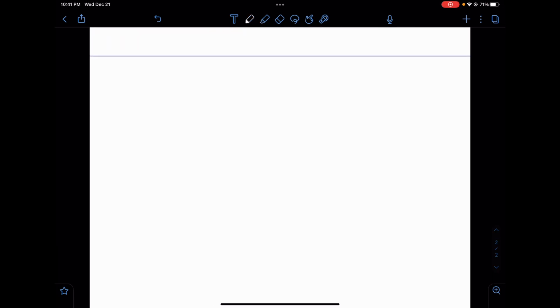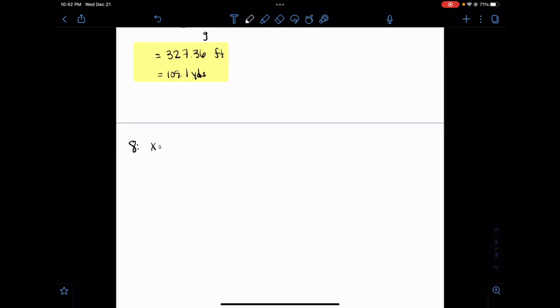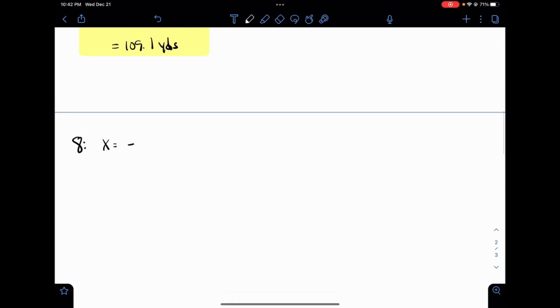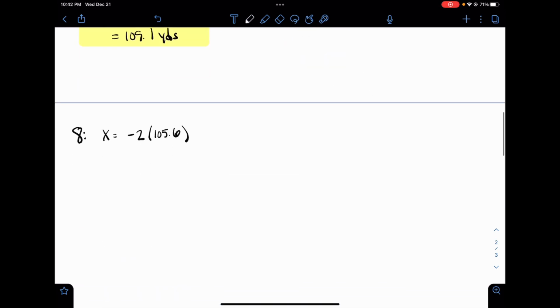I'm going to do it a little bit quicker this time, though. So for the 8 iron, we have x equals. We're going to use the exact same setup and formula. We're just going to plug in the opposite numbers. So in this case, negative 2 times 105.6, right, instead of 102.67, squared times cosine of 48 times sine of 48, all divided by negative 32.2.